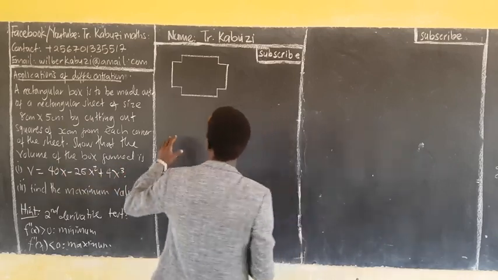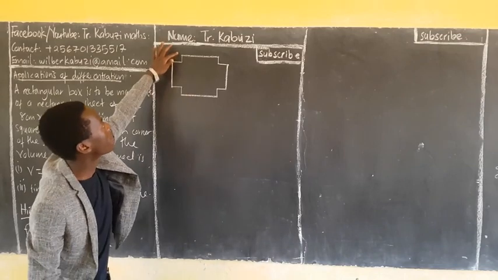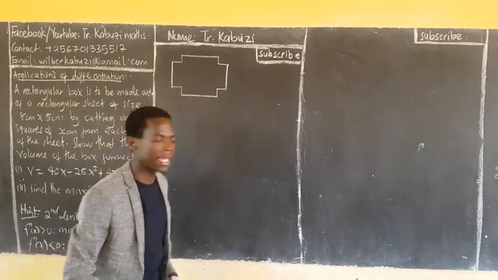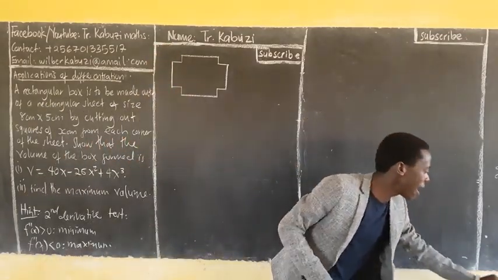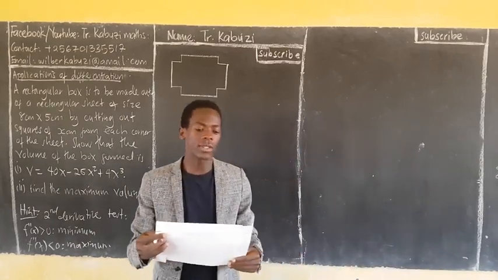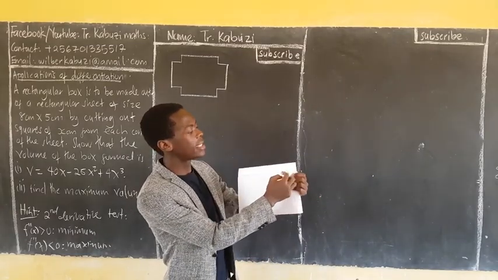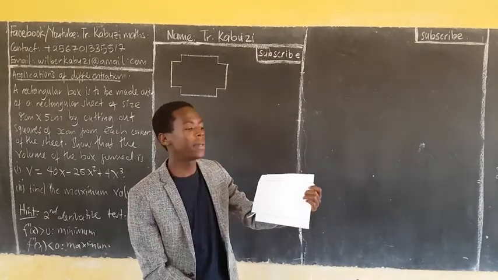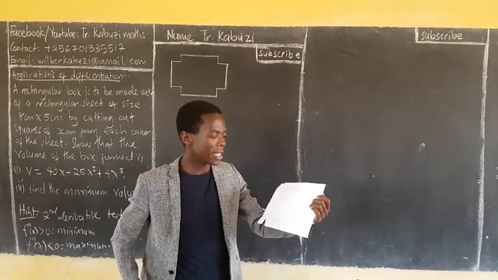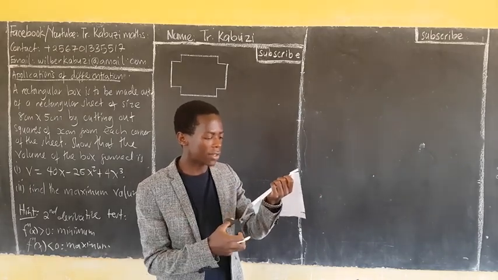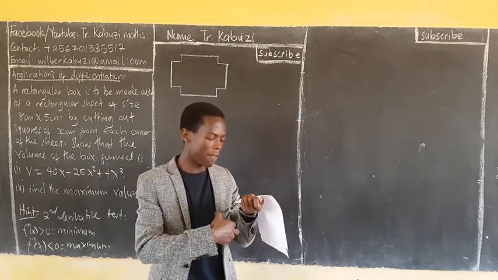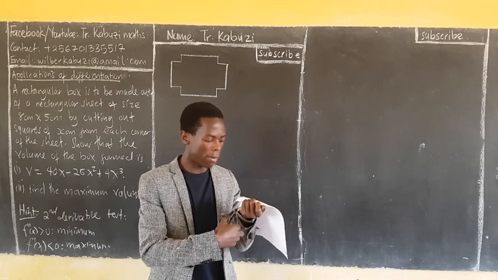So that now our rectangular sheet, you see that we have cut out all the sides. An example is here. If I have this as my rectangular sheet, that is rectangular. Now we are cutting out these edges of x square centimeters. So if I get my scissors and cut out these ones here, I will be cutting them out properly.